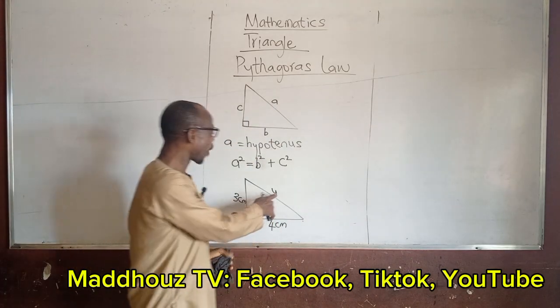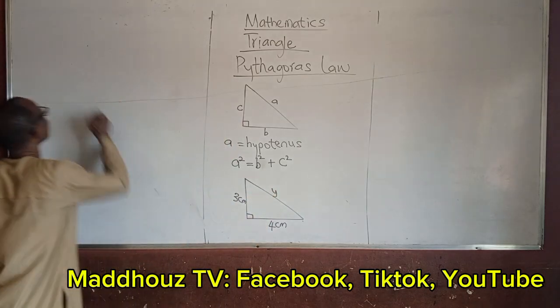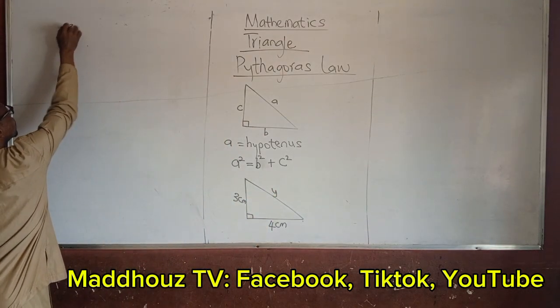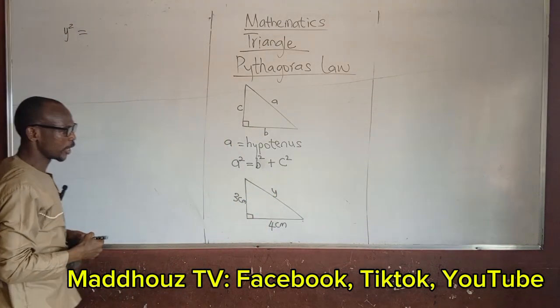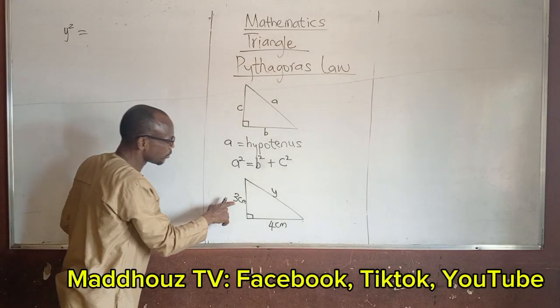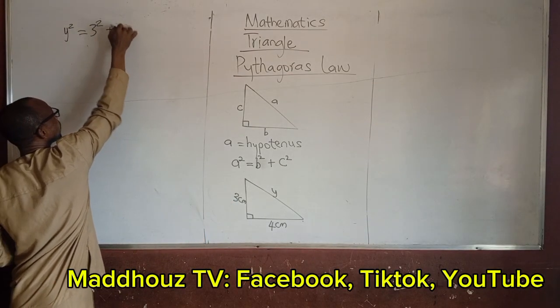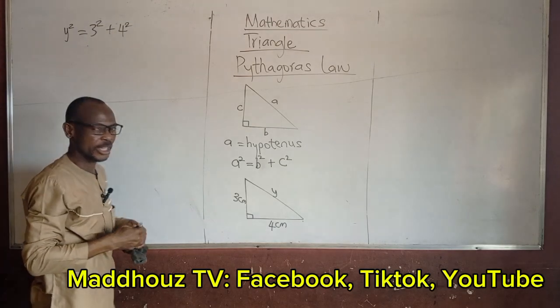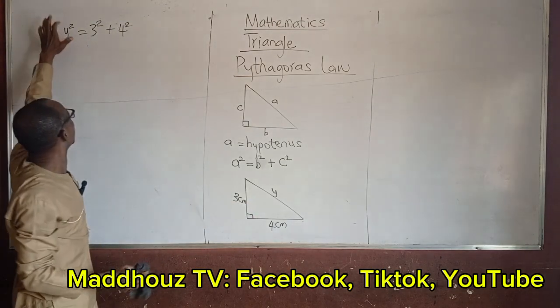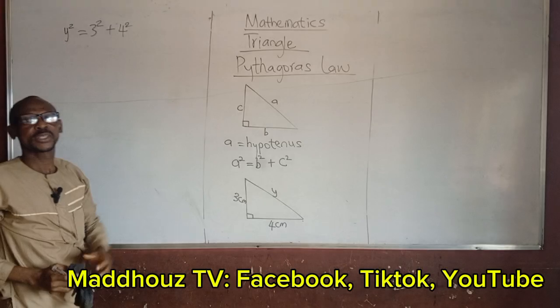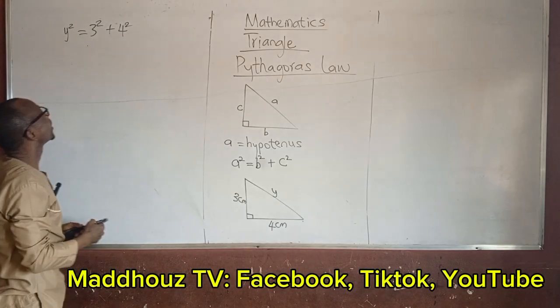It says y square will be equal to 3 square plus 4 square.